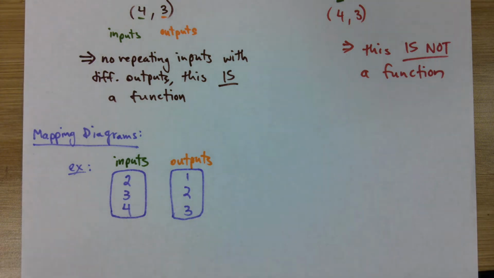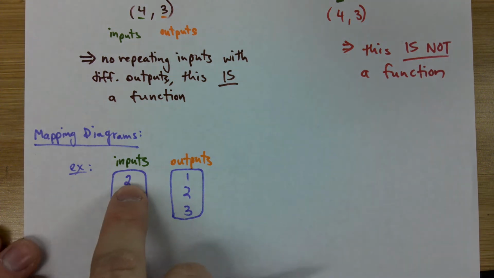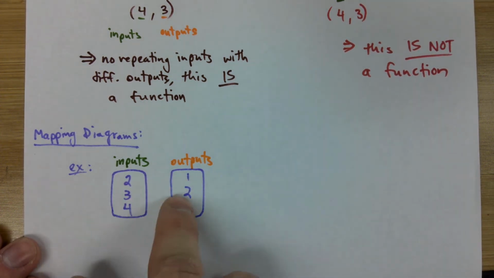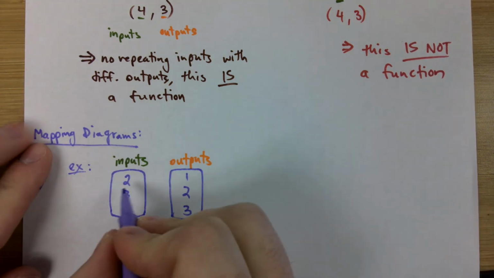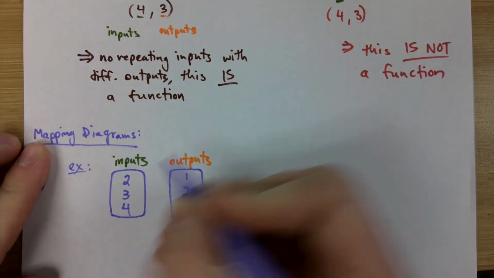Same exact points that we just used in our ordered pairs: 2, 1, 3, 2, and 4, 3. Now a mapping diagram is literally just a table that was split apart into 2 little boxes. What we're going to do here is map an input to an output.